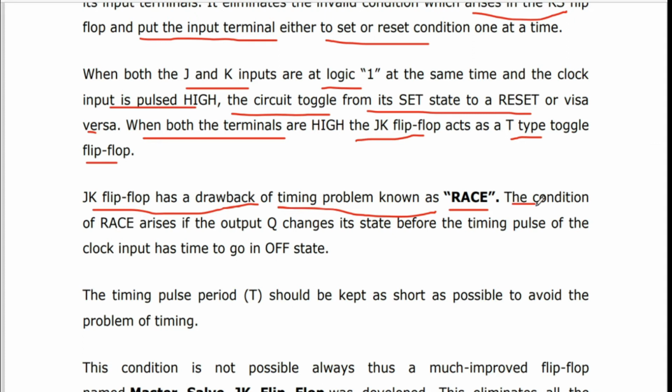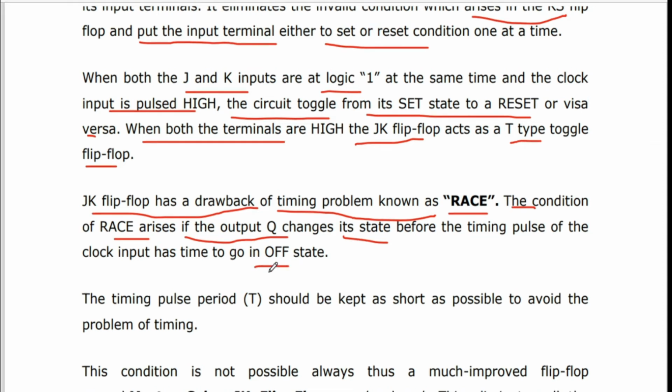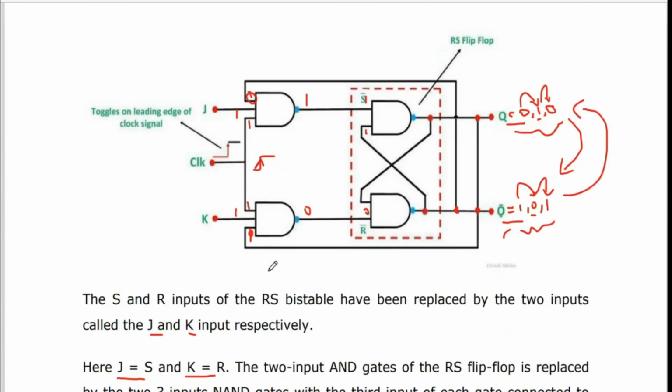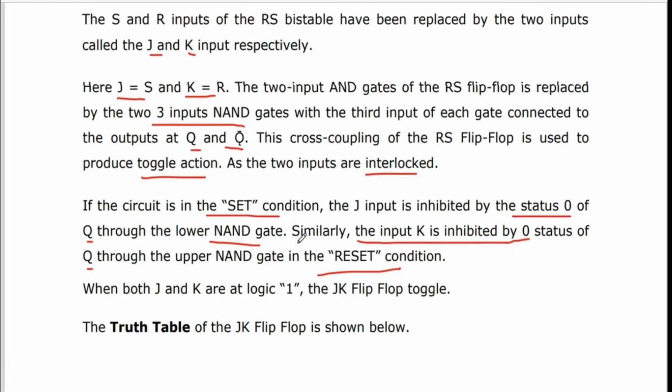The condition of race arises if the Q output changes its state before the clock pulse has gone to the off state. The clock pulse will be in the high state, but before it moves from high to low, the output Q is changing.